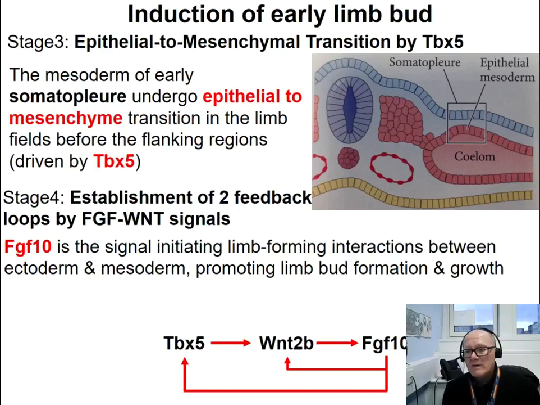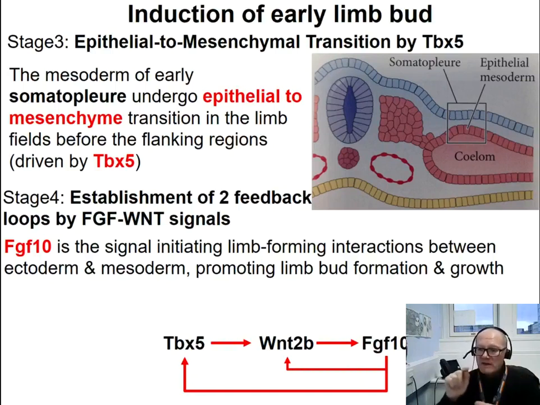But what we didn't really realize in the slide before is that FGF10 is able to positively control the expression of both Wnt2 and TBX5. So when FGF10 is activated, it increases the expression of TBX5 and Wnt2, which on the other hand increases the expression of FGF10.